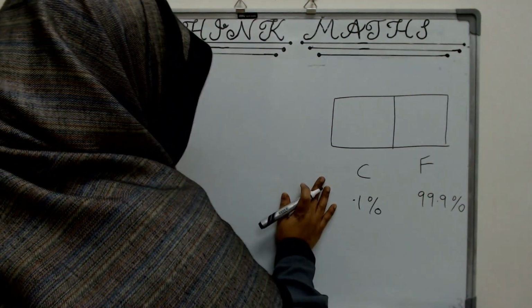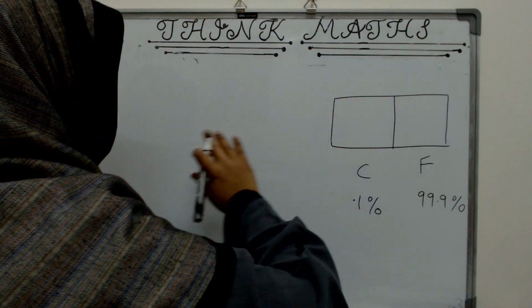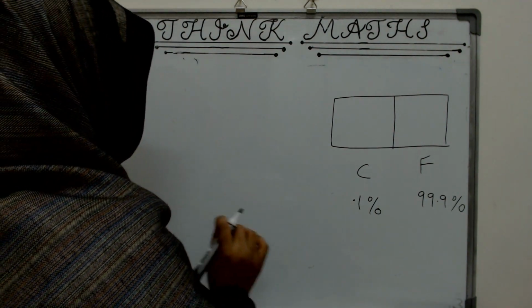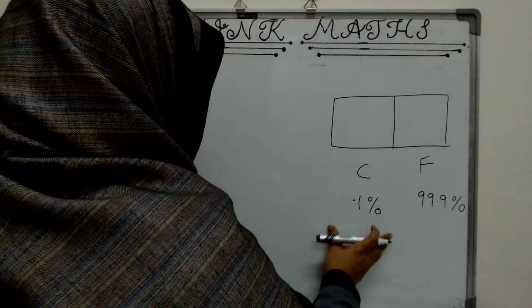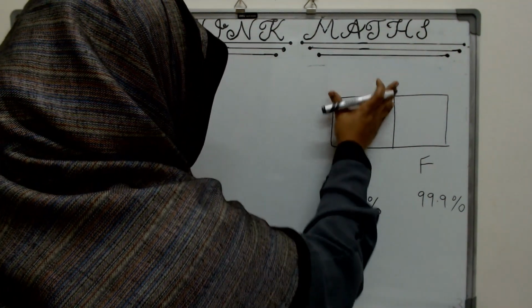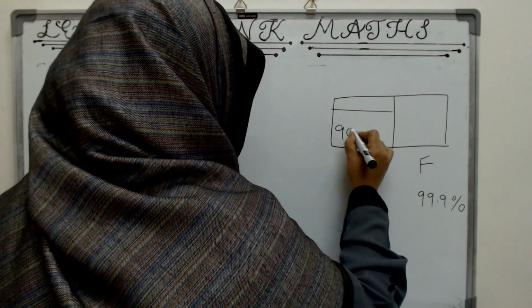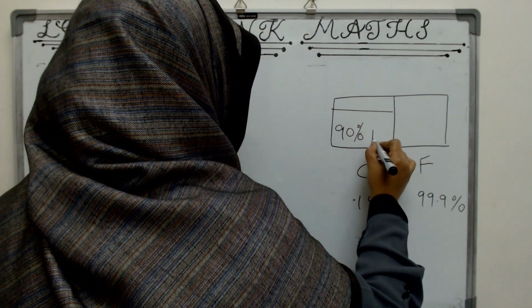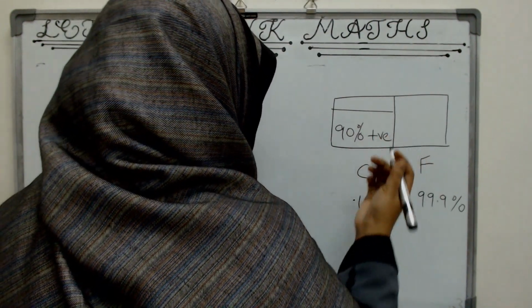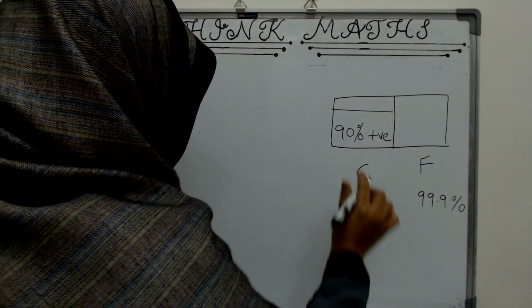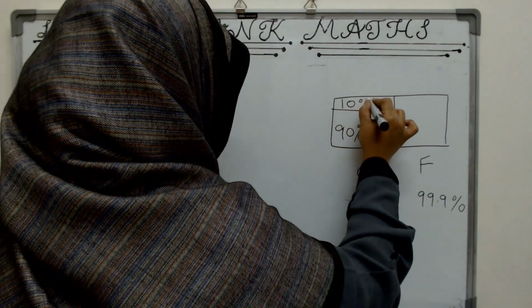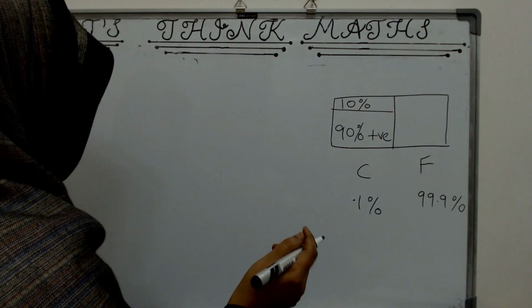99.9%. Now, in this population, everybody underwent a certain PCR test. And in this group, the people who had COVID, 90% of them turned out that they were COVID positive. That is fine. But you see this 10%? This is a very dangerous 10%.